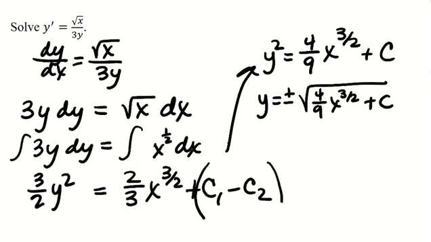And if c1 and c2 are any real numbers, then their difference could also be any real number. So we just call that our general plus c. It's part of the reason why we don't do much arithmetic or algebra with the plus c. And again, I promise you, the more you do this, the more comfortable you'll get with working with plus c, but not doing too much with it.